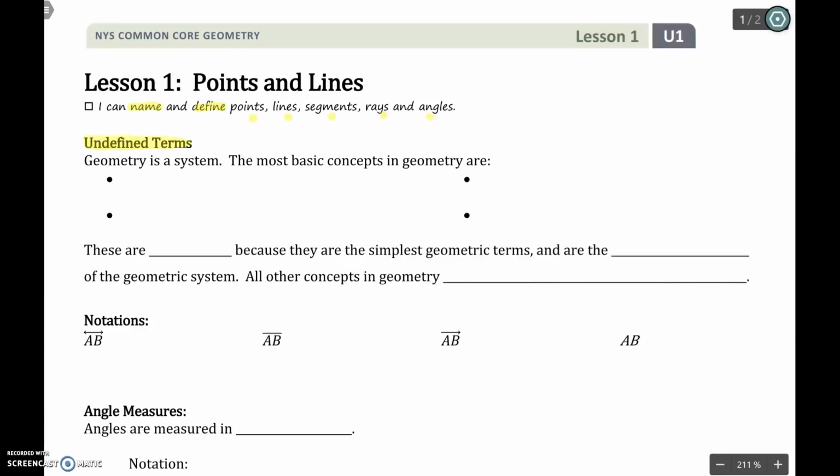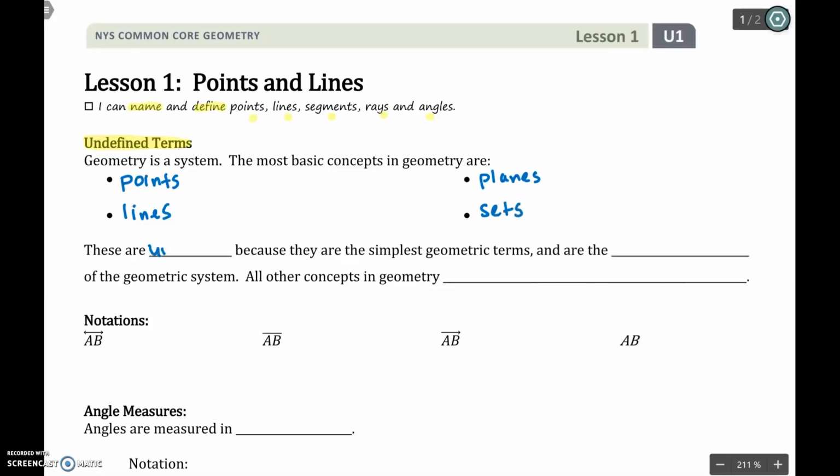And what undefined terms are, the most simplest basic building blocks of everything in geometry. And so those are points, lines, planes, and sets.